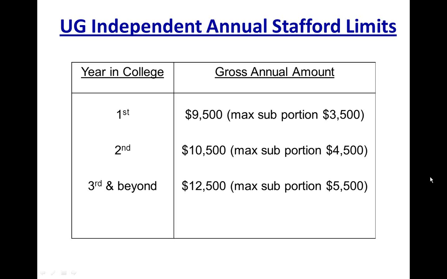So for an independent undergraduate student, their first year in college, the maximum annual amount is $9,500. Of that $9,500, the maximum subsidized portion that they can borrow is $3,500. So the rest would be in the unsubsidized Stafford loan. And again, you can see that the amount increases as the student succeeds in their class level.